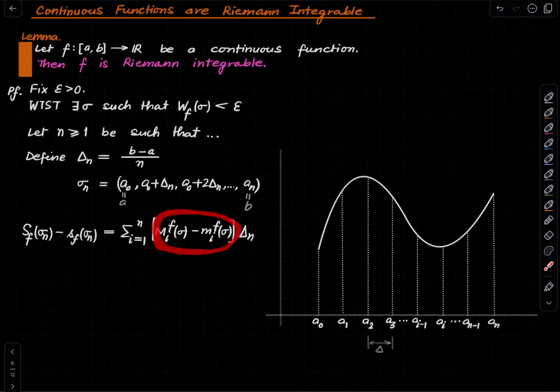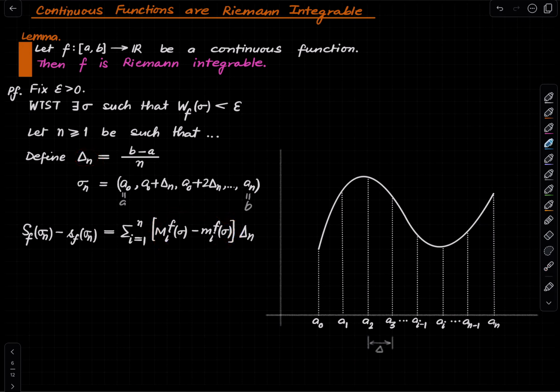This expression can be uniformly made small, meaning if delta n is small enough, each of these will be small enough. So what am I saying?